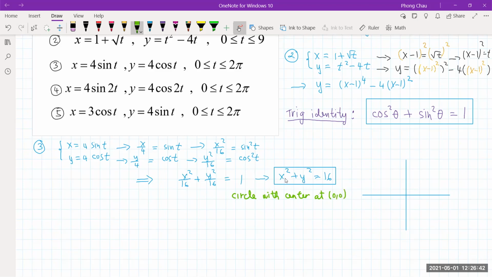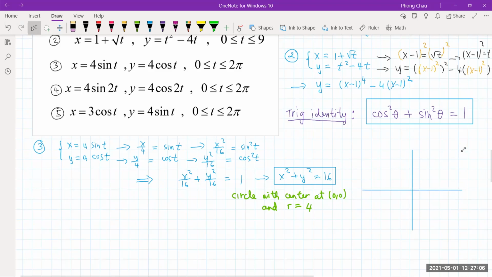Remember this one, x minus 0, y minus 0. And what's the radius? This is r squared, so 4 squared is 16. So the radius is 4. And because I know that, I can easily graph the circle, right? So now I know what the graph looks like.